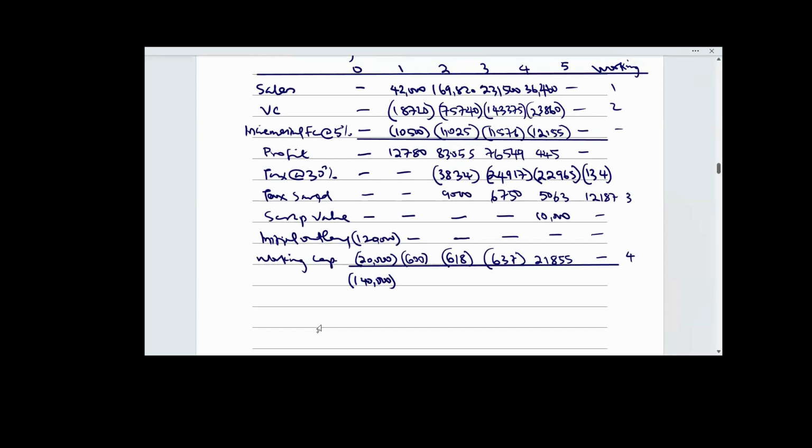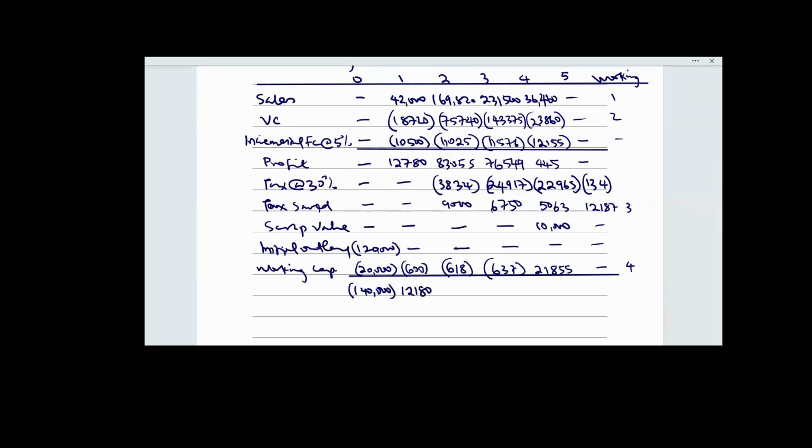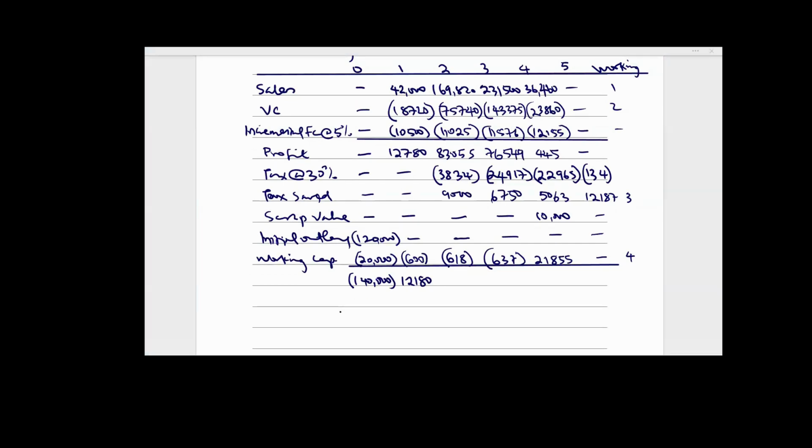That's 12,180. Next one. 12,187 minus 134 equals 12,053.